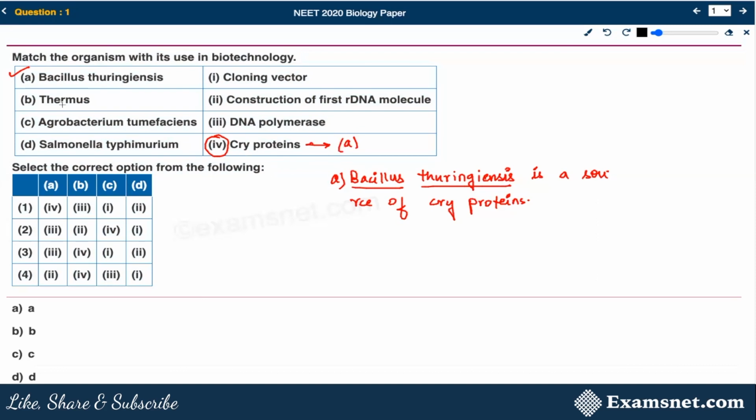Clear? Now, the second option is Thermus aquaticus, which you can see on your screen.